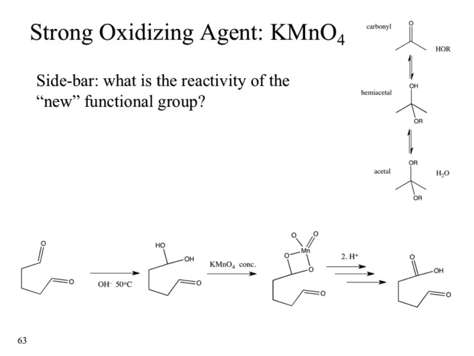The result being is that I go all the way down to the carboxylic acid. Crazy. Okay. And all we had to do that is, instead of being cold and dilute, be concentrated and hot. And all of a sudden that scaffolds all the way out. Kind of, sort of?